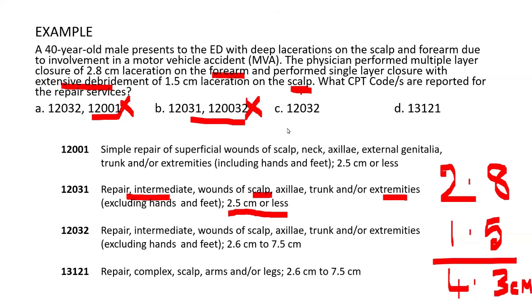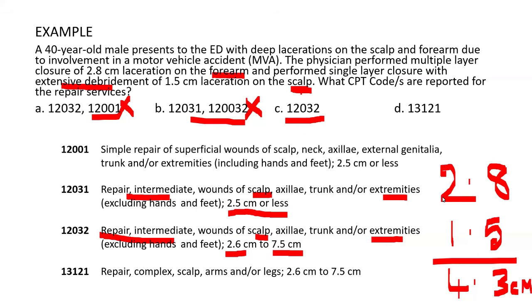Let's get into option C, which says 12032. It is an intermediate repair, with scalp and extremities in the same group, with 2.6 centimeters to 7.5 centimeters range.